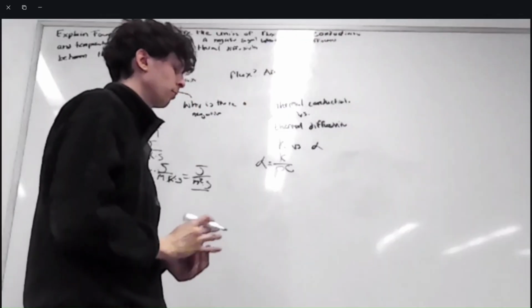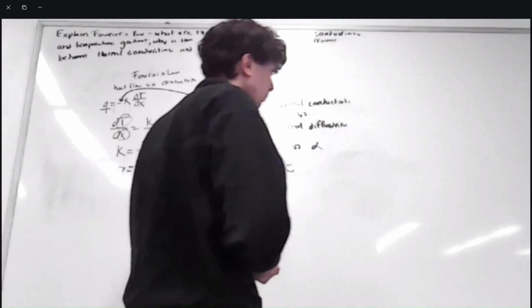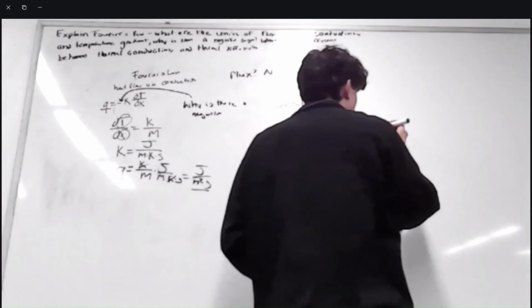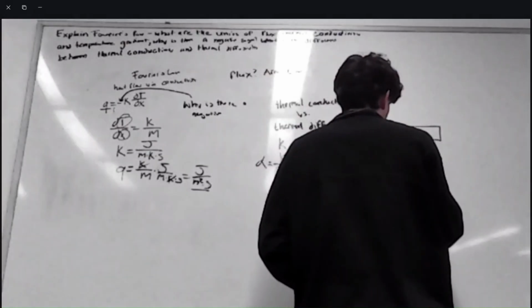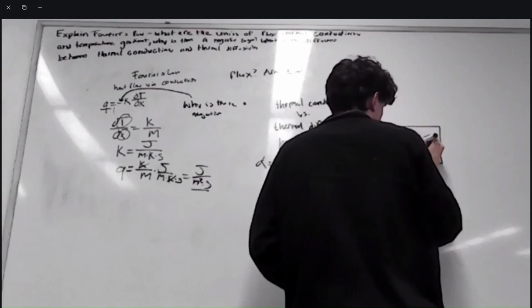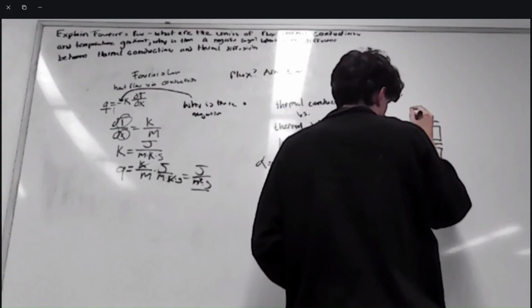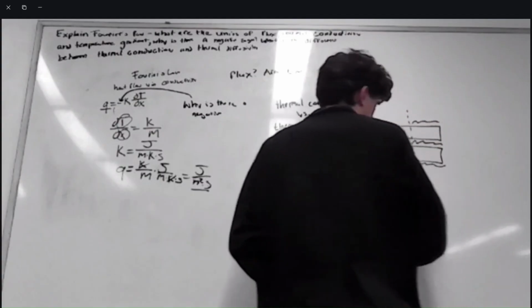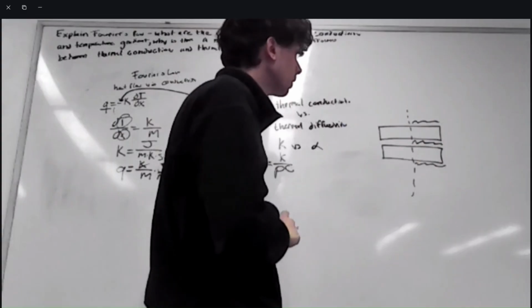So you may be asking, well, this seems very proportional to each other. What's really the main difference? So I'm going to give an example here. Let's say we have two bars, both with the same thermal conductivity, and they're half submerged in a very hot area. All equal to each other. So that dotted line represents hot side and cold side.